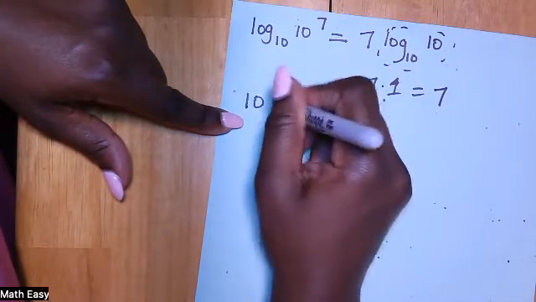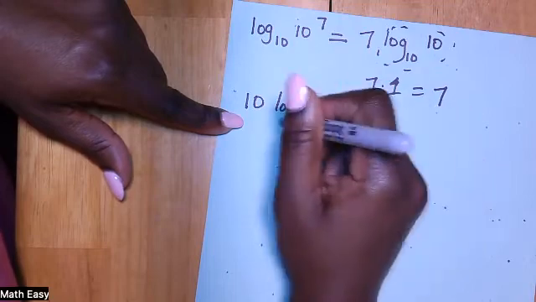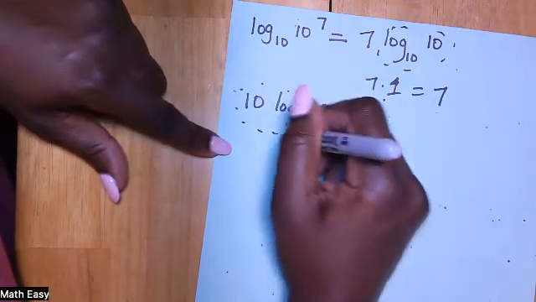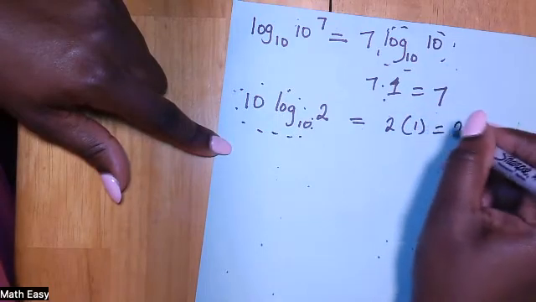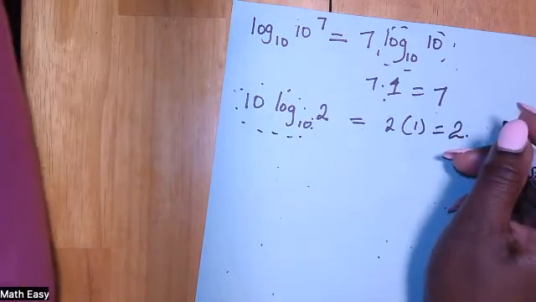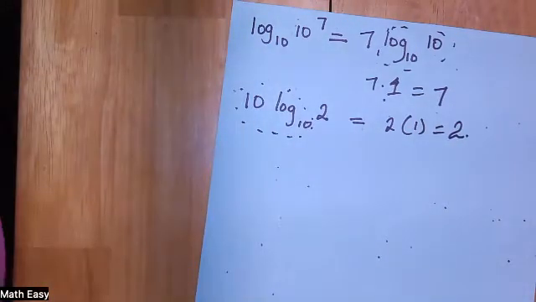Again, if we have log base 10 of 10 squared, the log part here will be equal to 1. So it will be 2 times 1, which is equal to 2.